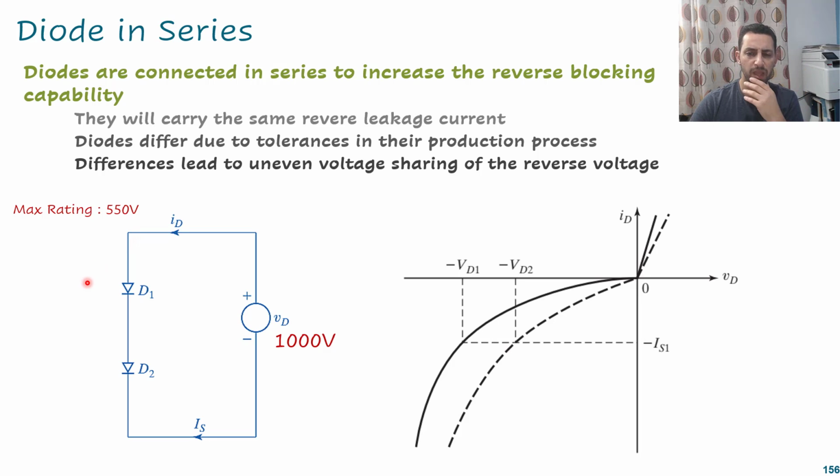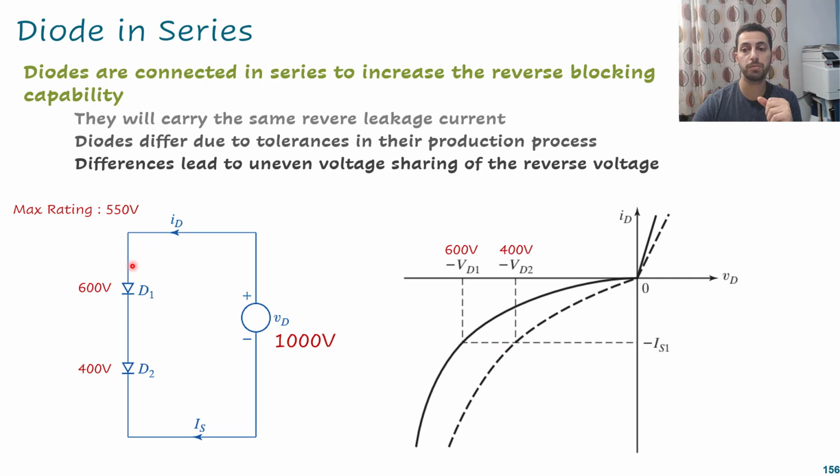But because they are still different, different voltages are applied across them, and the final result is 600 volts for one and 400 for the other. Yes, they total 1000, but the problem is that one has 600, which is higher than its maximum rating, and that will put us in trouble.